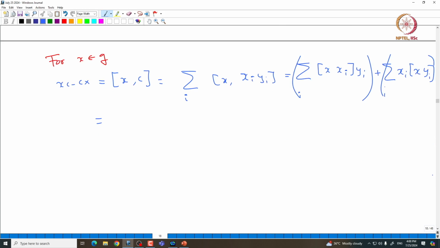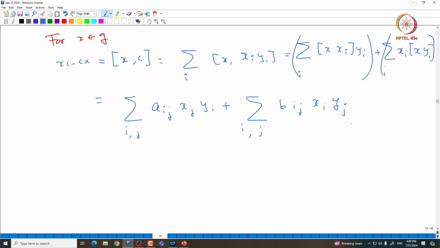So, now the bracket you can just rewrite. So, this is going to be the summation a_ij x_j y_i, where i, j runs over, plus the summation, again i, j runs over, b_ij x_i y_j. So, this is just the definition of the bracket [x, x_i] and the bracket [x, y_i].